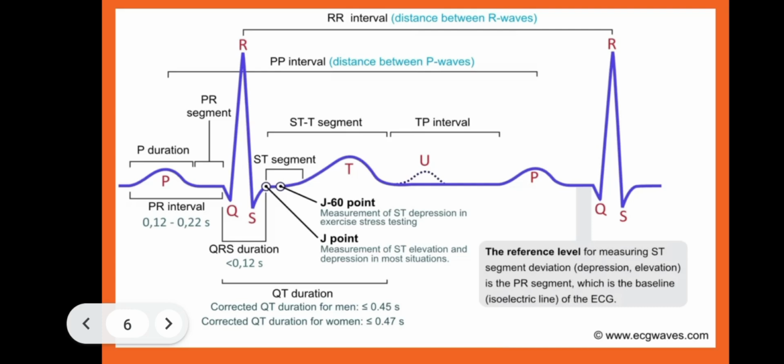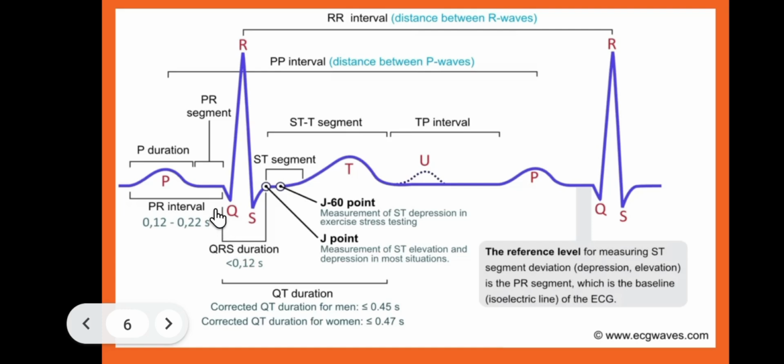Your QRS must happen not more than 0.12 seconds. So that's around three small boxes on an ECG strip.